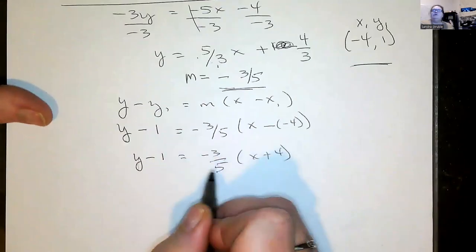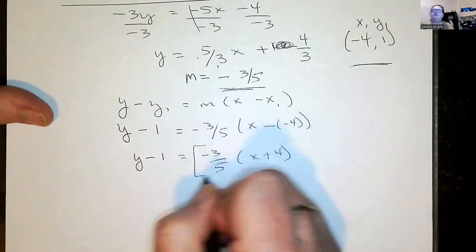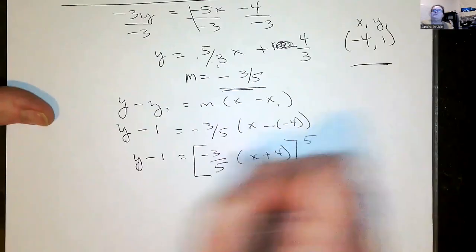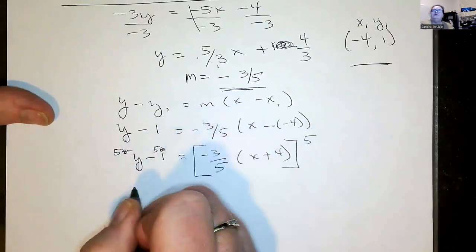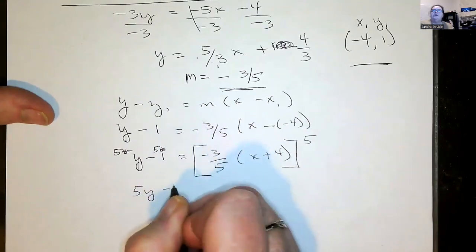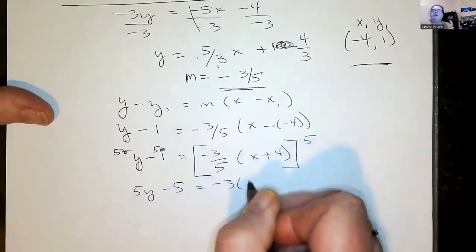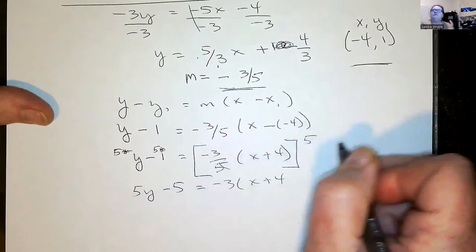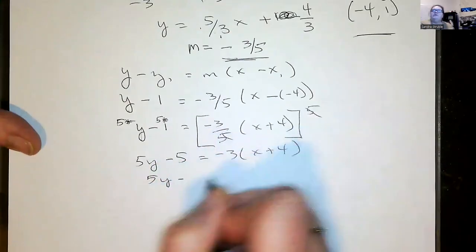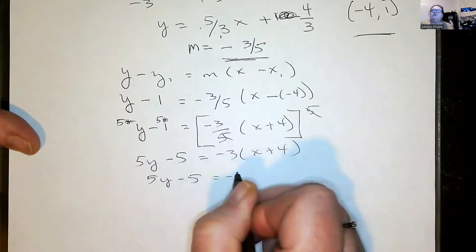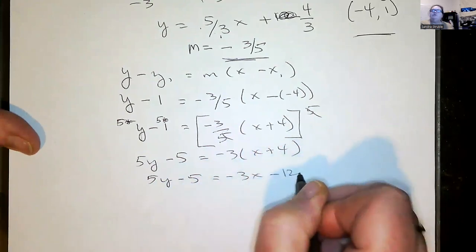And now let's multiply all the terms by 5 just to clean this up a little bit. So 5y minus 5 is equal to negative 3(x plus 4). These 5's canceled out. And we get 5y minus 5 is equal to negative 3x minus 12.